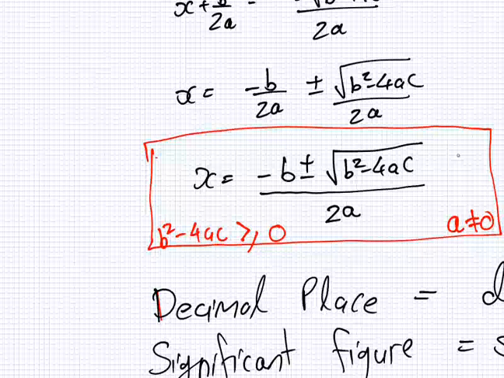Next we need to simplify this part first. You remember how to do that from the third lesson. 32 is 16 times 2, 16 is 8 times 2, 8 is 4 times 2, 4 is 2 times 2. So you have 1, 2, 1, 2, and 1.